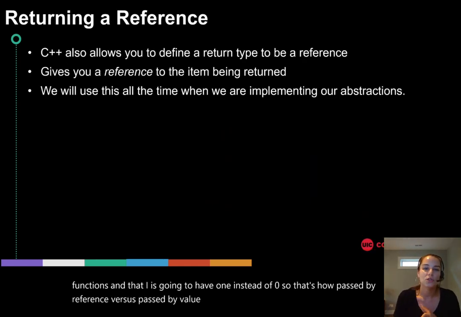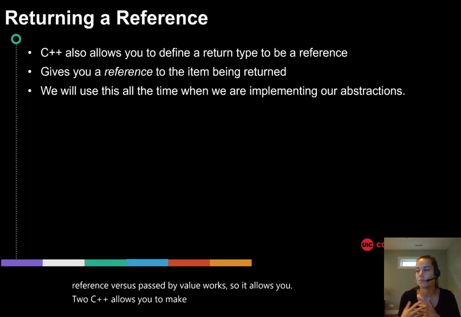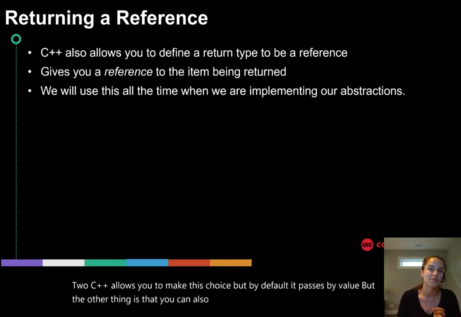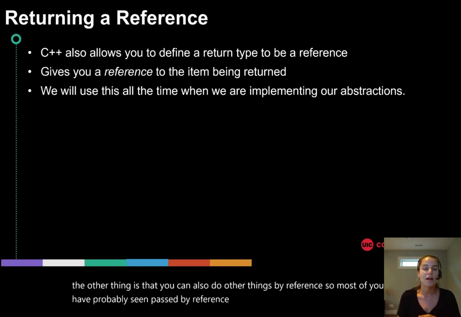C++ allows you to make this choice, but by default it passes by value. But the other thing is that you can also do other things by reference. Most of you have probably seen pass by reference in functions, but you also can return by reference.